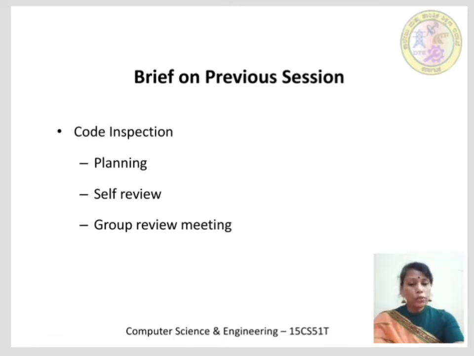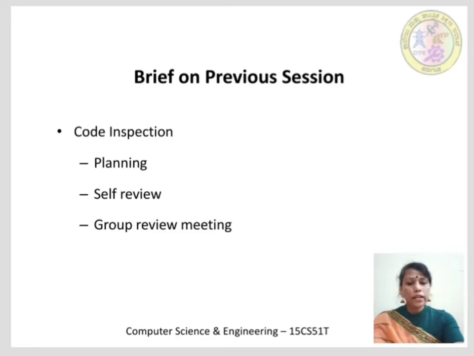The author of the code ensures that the code is ready for inspection and the moderator checks the entry criteria are satisfied by the code. Commonly used entry criteria are that the code should compile correctly and the available static analysis tools have been applied.